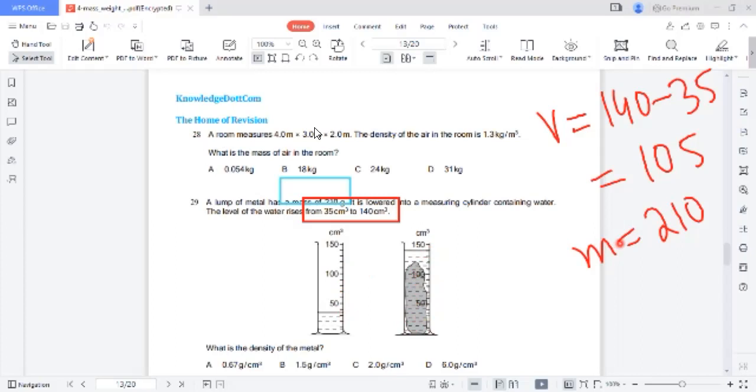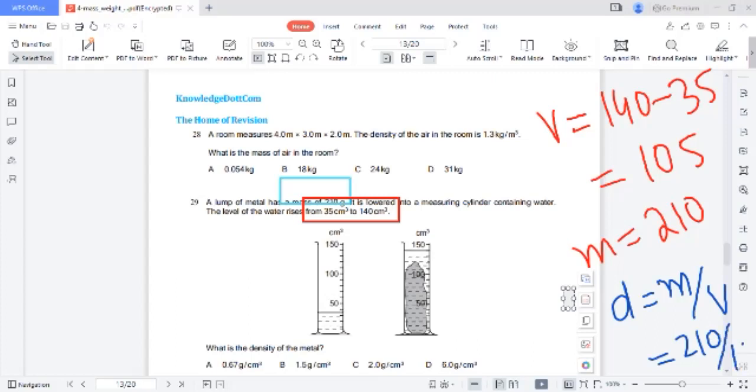So the change in volume is 105, and the mass is this one. So we can easily find out the density. Density is very simple now. Density is mass over volume. Mass is 210 and volume is 105. So density is 2.